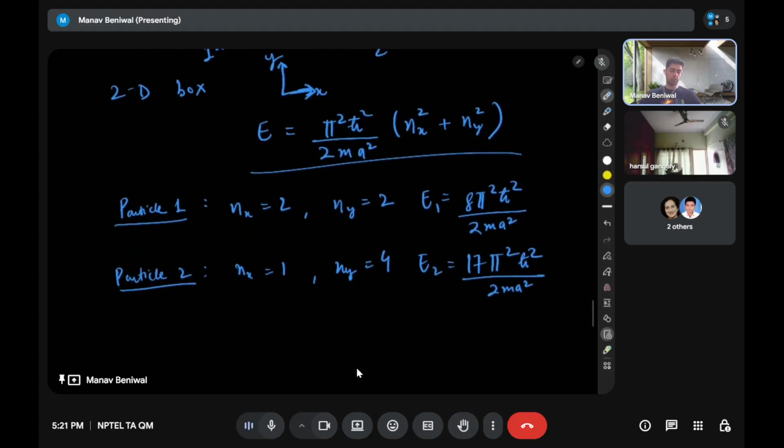For total energy, we can just add these two, E1 plus E2, and 17 plus 8 is 25, so we'll have 25 pi squared h cut squared over 2 m a squared, and 25 is 5 squared.